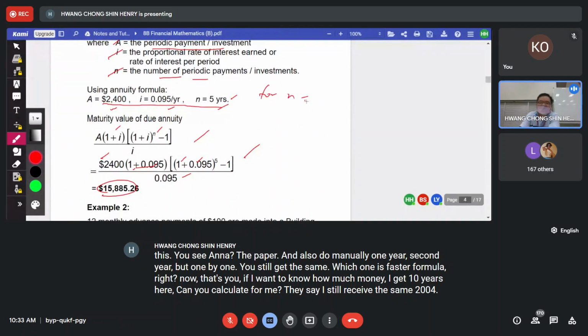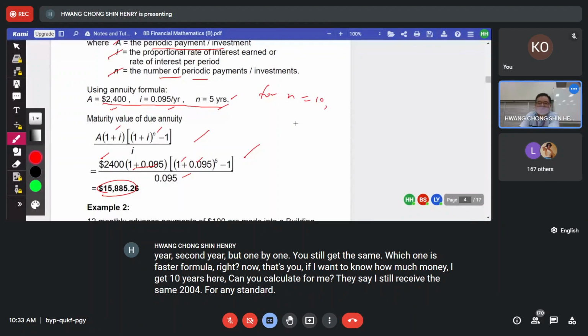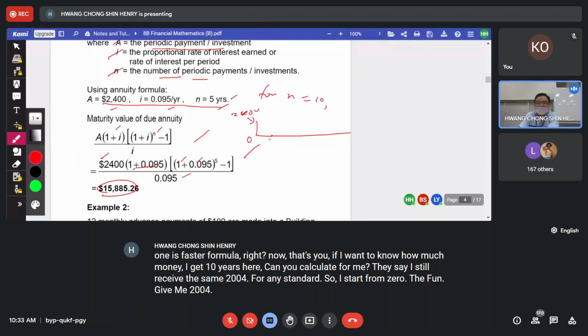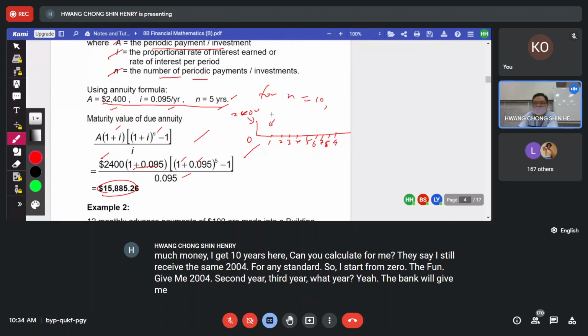For n is 10. So I start from 0. The fund give me 2004. 2nd year, 3rd year, 4th year. See, the bank will give me every time 2004, 2004, 2004, until I start from 0.